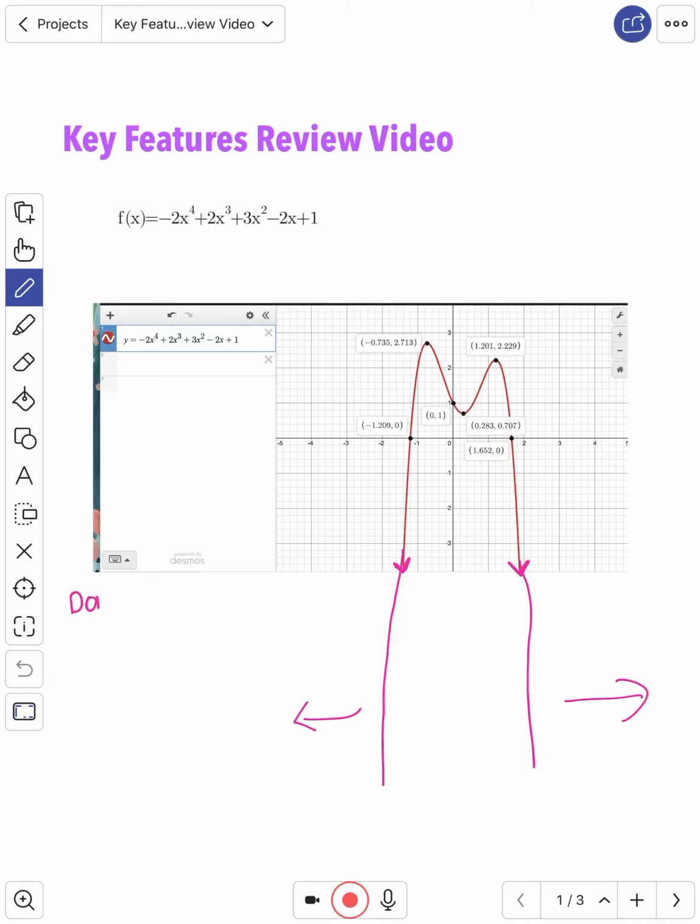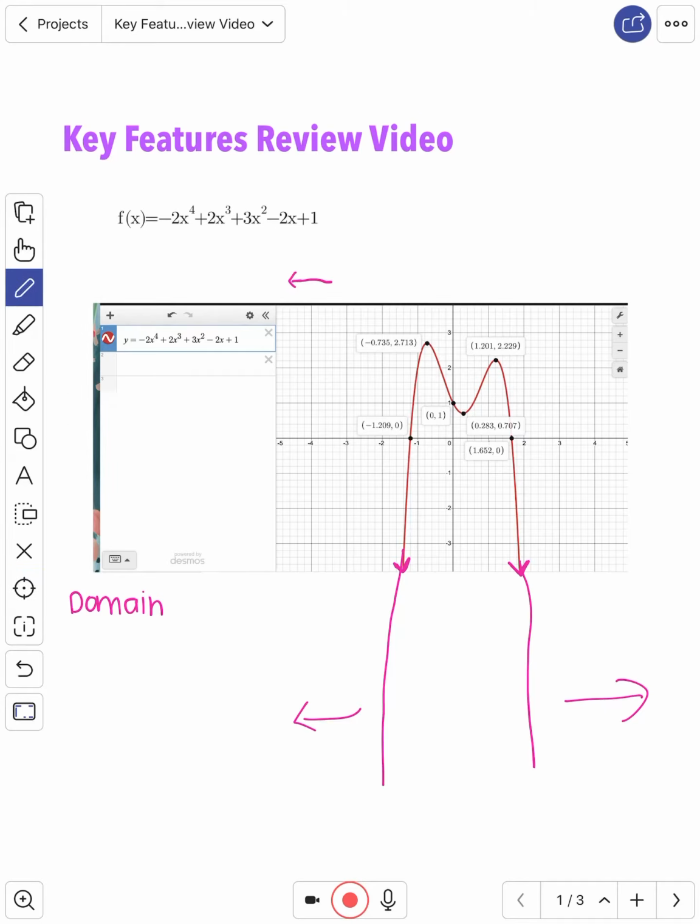So when I'm looking at the domain, I'm coming from the left. The left side has an arrow, and I do have some points here. So I'm going to kind of draw or point as I'm talking. I'm coming from the left arrow, and yes, there's some points, but there's nothing that's not included. And it's going to continue to go to the right.